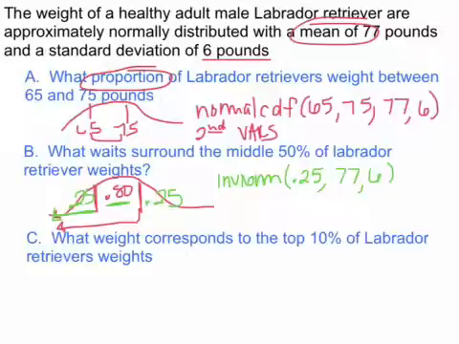So in my calculator, I'm going to press second VARS, choose option number 3, 0.25, enter, 77, enter, 6, enter, enter, and I get about 72.9. And if you have to go 4 decimals, then you go 4 decimals.